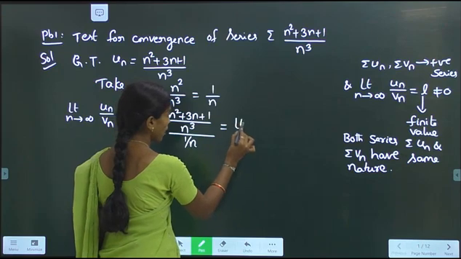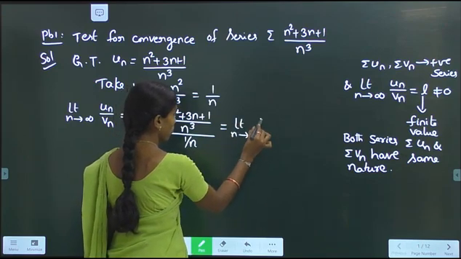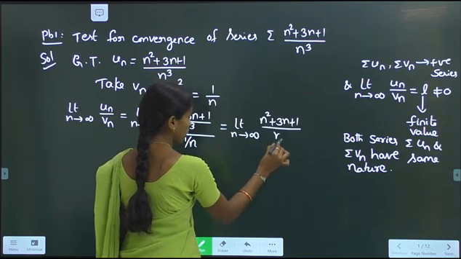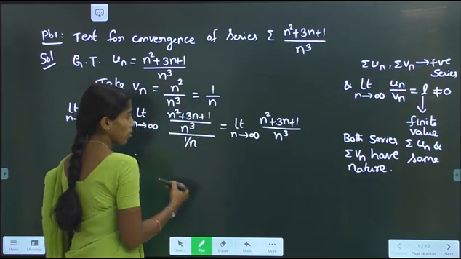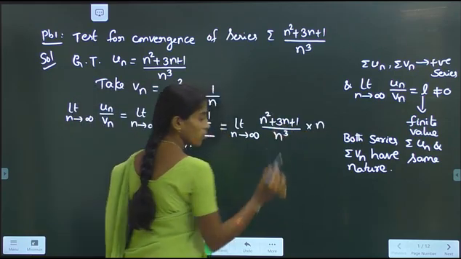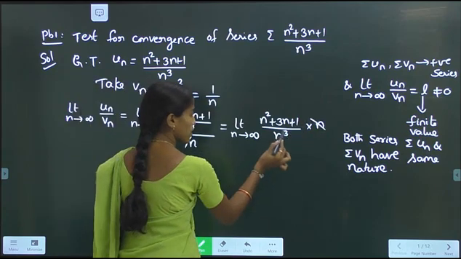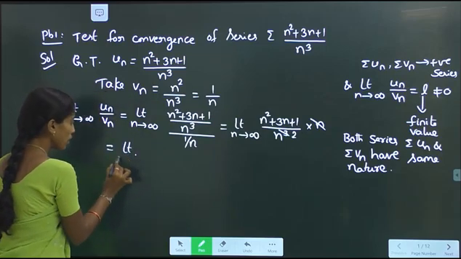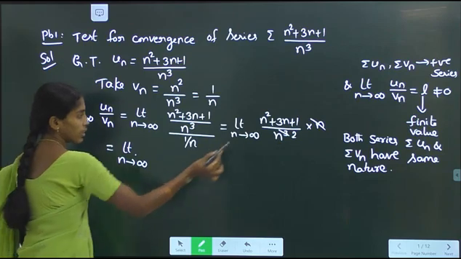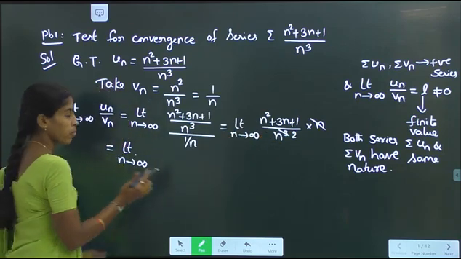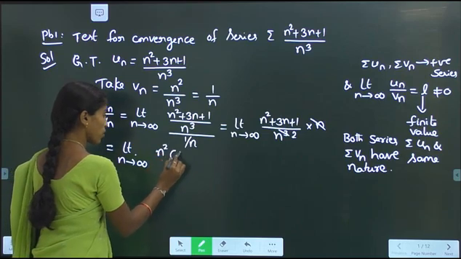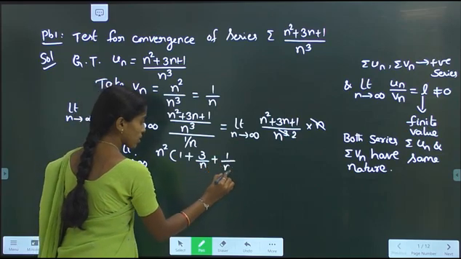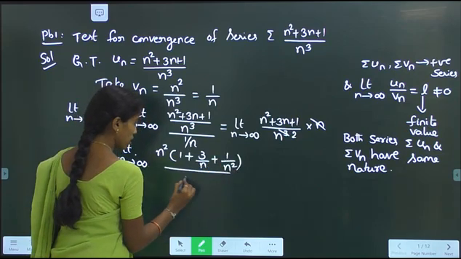It becomes limit n tends to infinity, n square plus 3n plus 1 by n cube, and 1 by n becomes n, right? So this n gets cancelled with the denominator, remaining is n square, which is nothing but limit n tends to infinity, taking the maximum degree of n common from the numerator, that is n square. So remaining is 1 plus 3 by n plus 1 by n square, by n square.